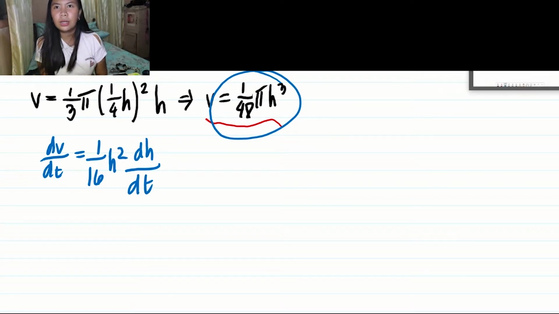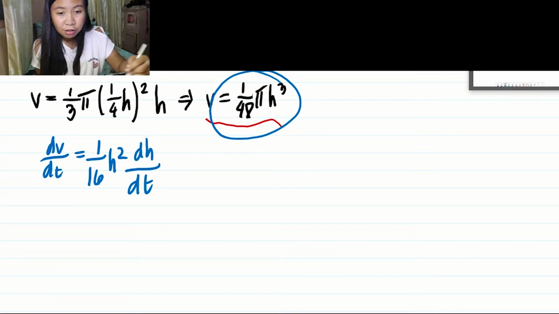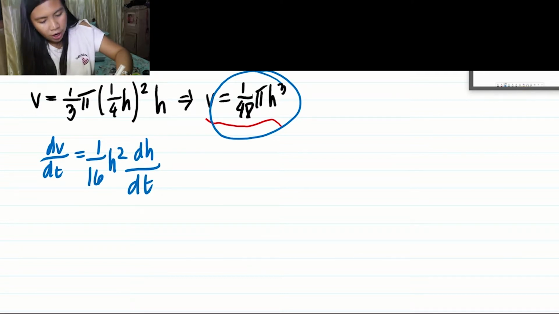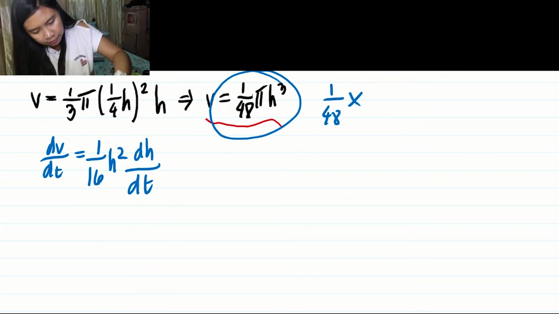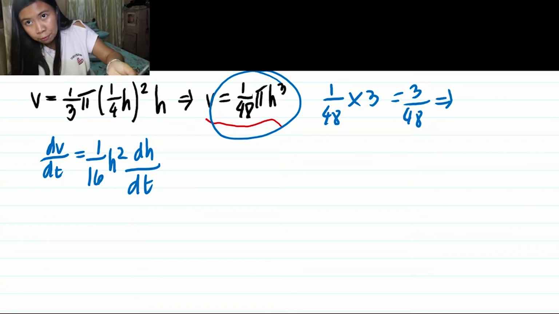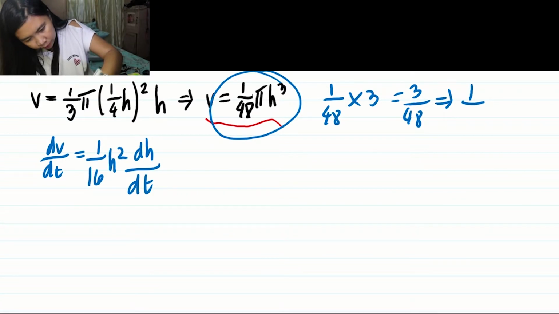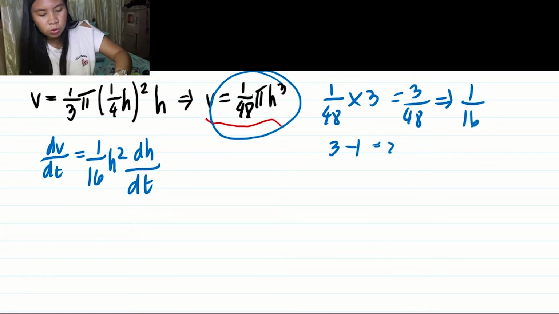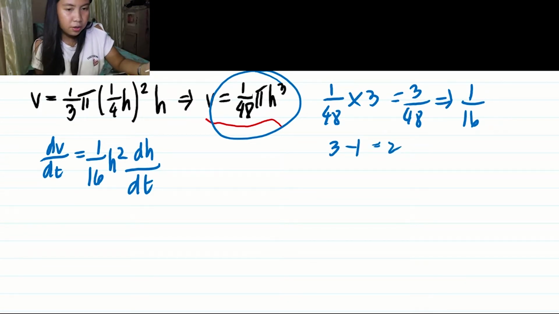How did we come up with this equation? All we have to do is multiply 1 over 48 times 3, which becomes 3 over 48. If you simplify it further, it becomes 1 over 16. Then for the square, you subtract 1 from the power, so 3 minus 1 is 2, hence the 2 over here, and dh over dt.